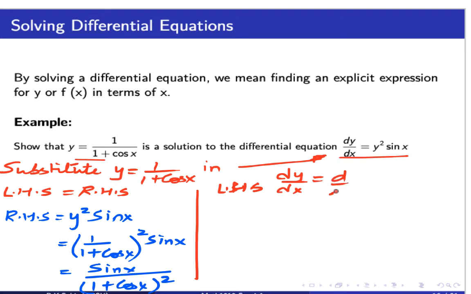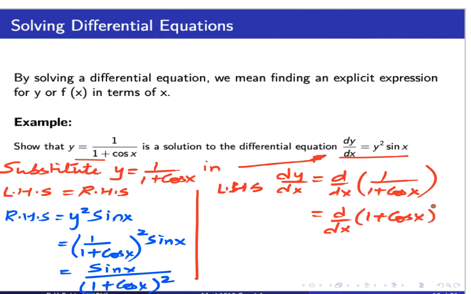And that means differential of 1 over 1 plus cosine x. Let's just rearrange this expression and write this as d/dx of (1 plus cosine x) to the power minus 1. And we can apply the chain rule now.